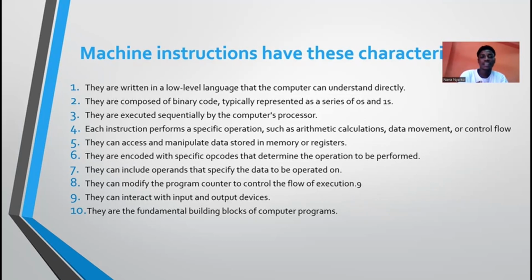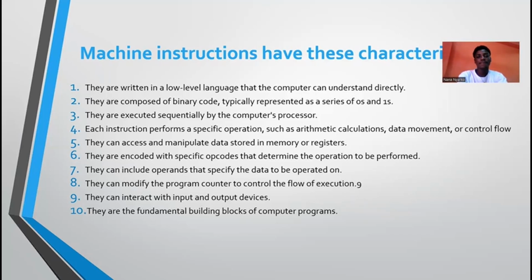They can interact with input and output devices like the keyboard and mouse. Typing something on the keyboard is actually an instruction. So when you are talking about machine instructions, keyboard and mouse are part of it because they also send commands to the computer to be executed.